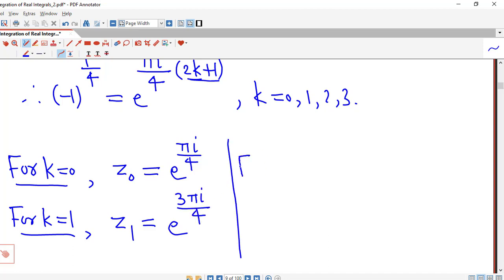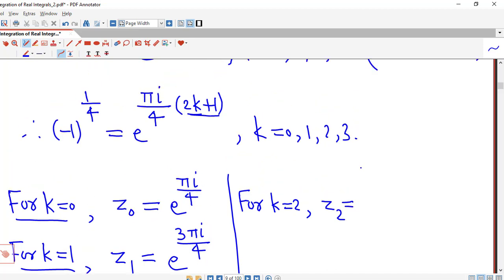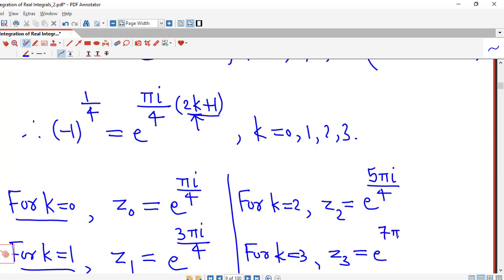Similarly, for k equal to 2, I denote the corresponding root by z2, and here 2 into 2 is 4 plus 1 is 5, so I have e raised to 5 pi i divided by 4. And for k equal to 3, the corresponding root is denoted by z3, and 2 into 3 is 6 plus 1, so here I have e raised to 7 pi i divided by 4.